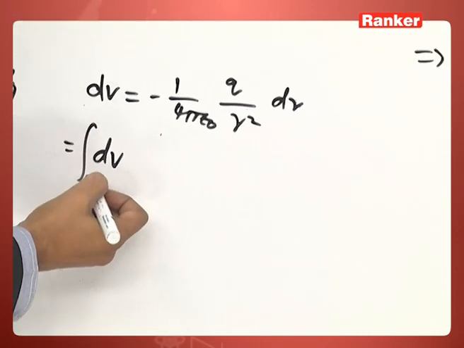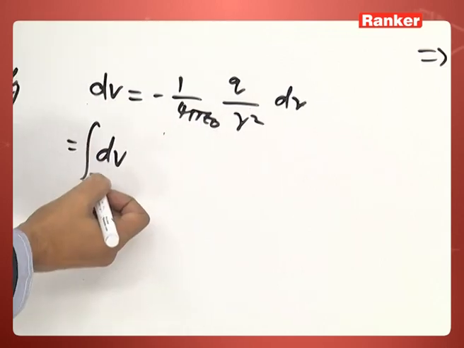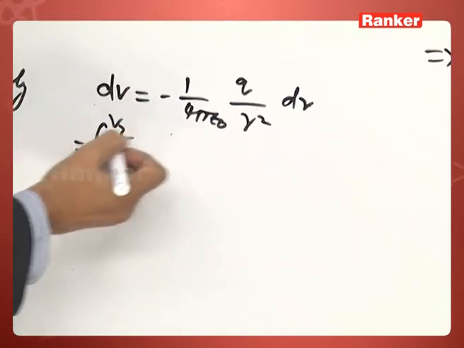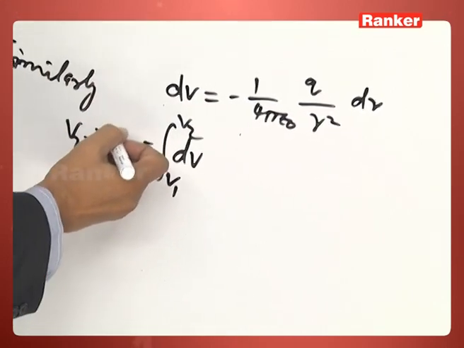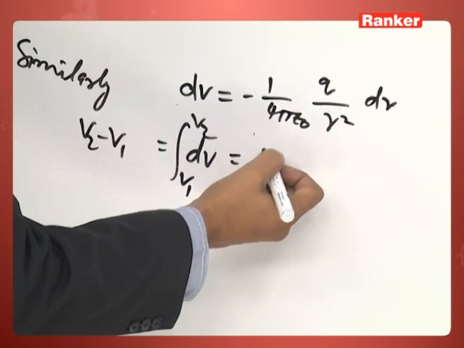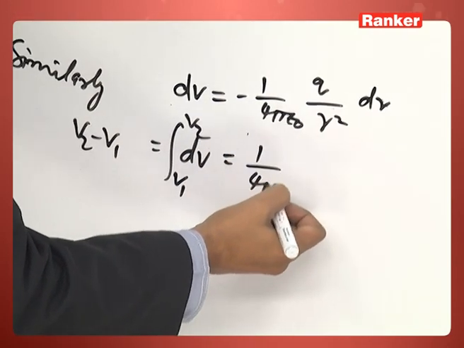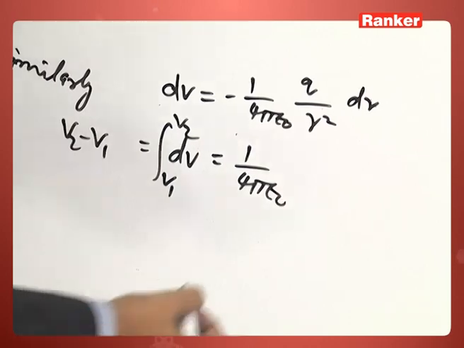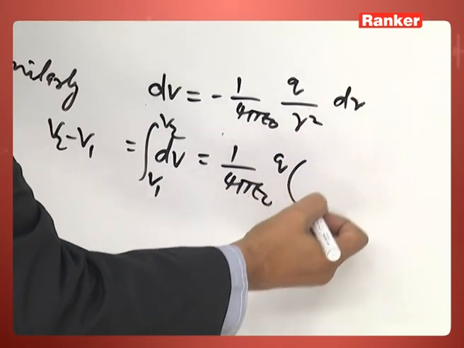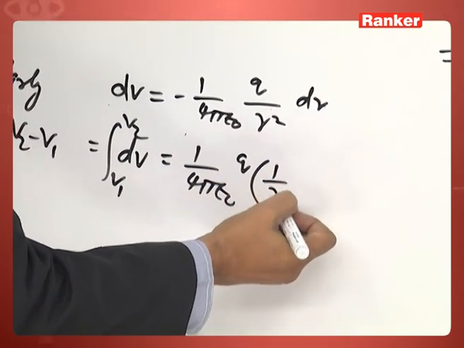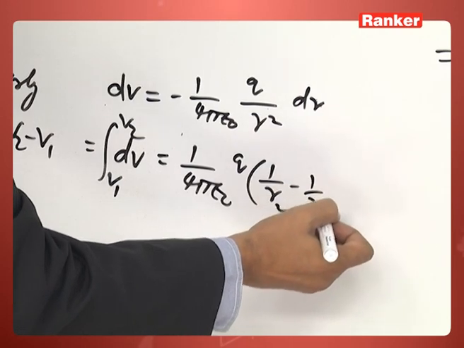From point 1 to point 2, V1 to V2, we get V2 minus V1 equals 1 by 4 pi epsilon naught Q times (1 by R2 minus 1 by R1).